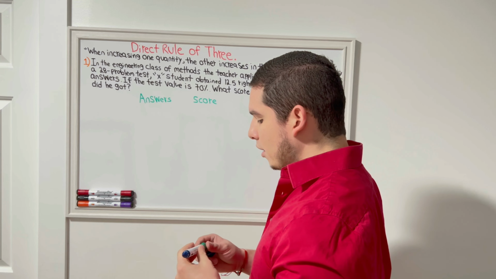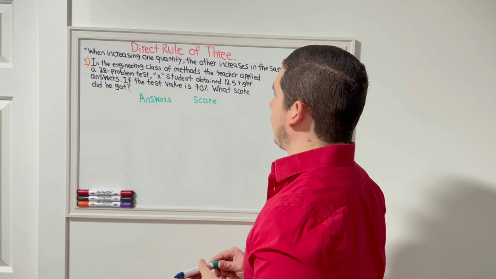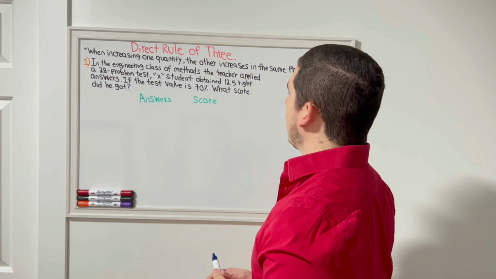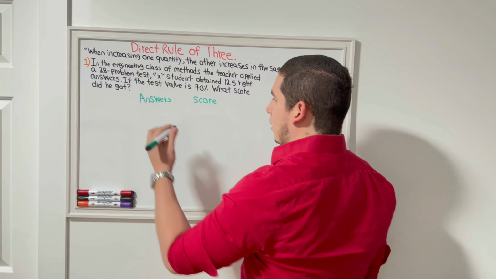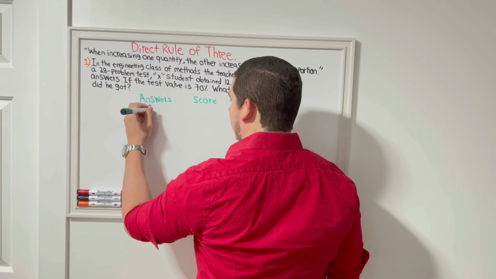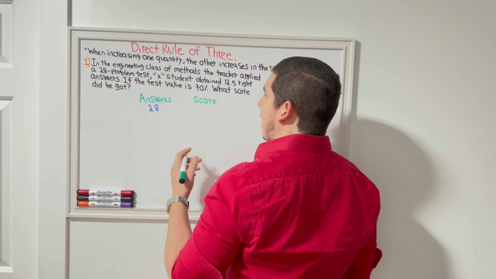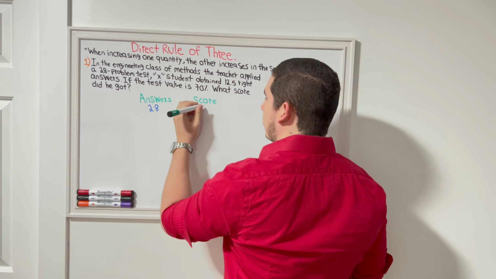Now, what can we learn from the problem? Okay, so the problem says that if 28 problem test, then 28 answers has a value of 70%.